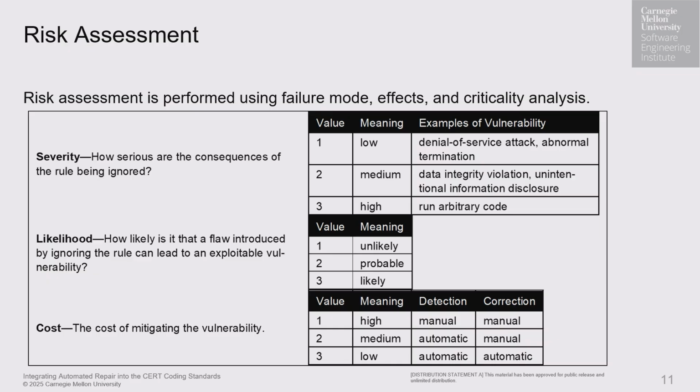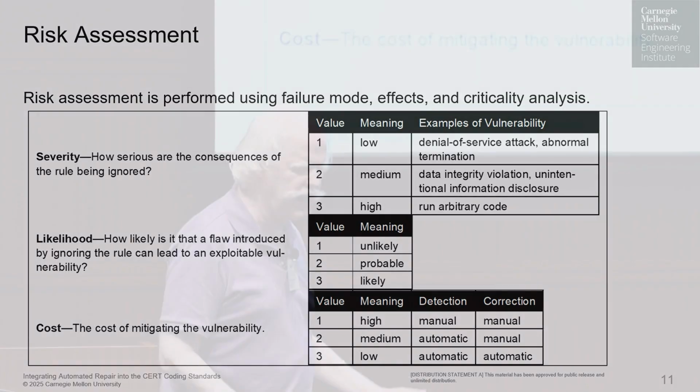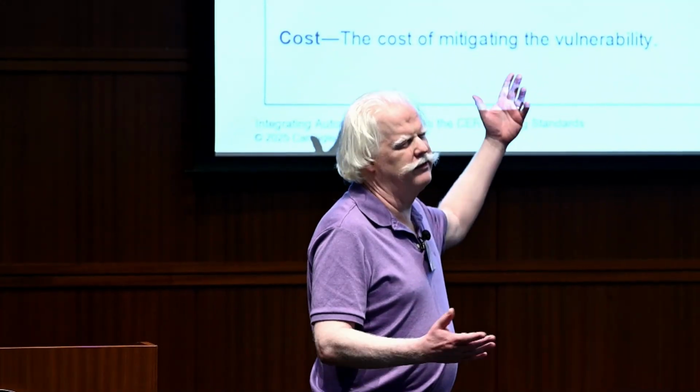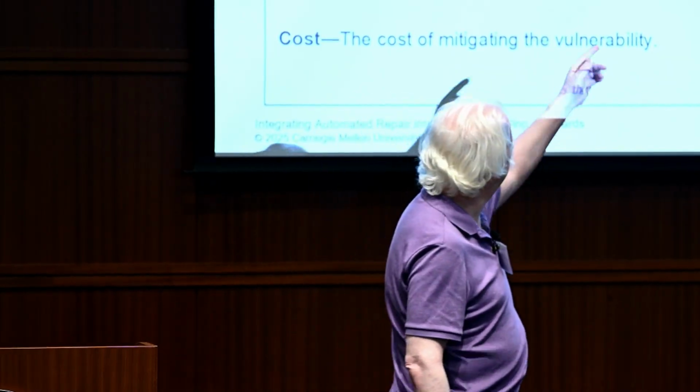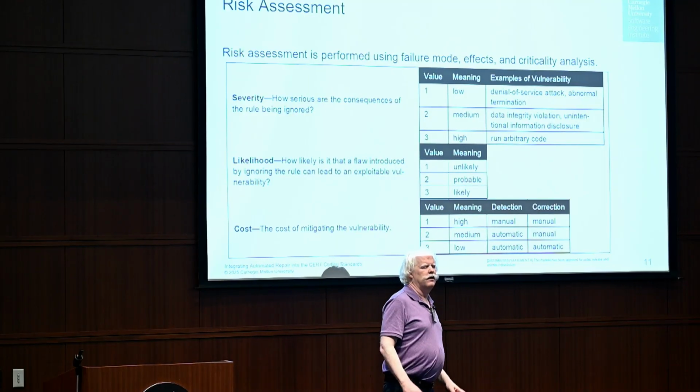The high severity is remote code execution or privilege escalation, that is, defeating a security sandbox, such as what your web browser provides. And that's the worst thing, because if you can do that, you can do the first two items easily. But just doing the first two items doesn't mean you can do remote code execution.